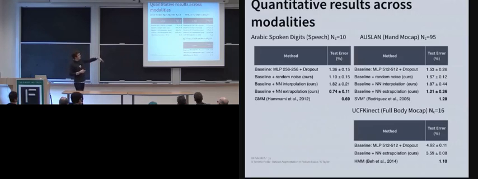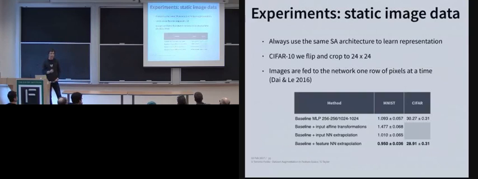In all of these methods we have used very generic classifiers, which are just MLPs trained directly on context vectors. So none of them are beating the state of the art, but they're consistently showing a benefit of using extrapolation. Now, the nice thing I mentioned about the sequence-to-sequence autoencoder is you can also use it for static data like images, where you take a pixel stream and you map that through a sequence-to-sequence model, and that gives you a context vector representation of that image.